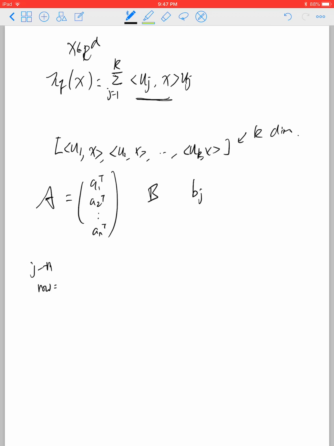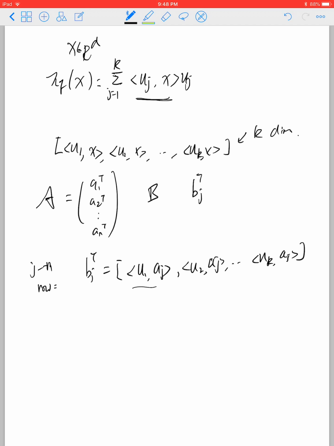So we can form a low dimensional vector to represent x by using the projected length onto each basis. We have k projection lengths, so here will be U1 x, U2 x until Uk x, and this is k-dimensional.